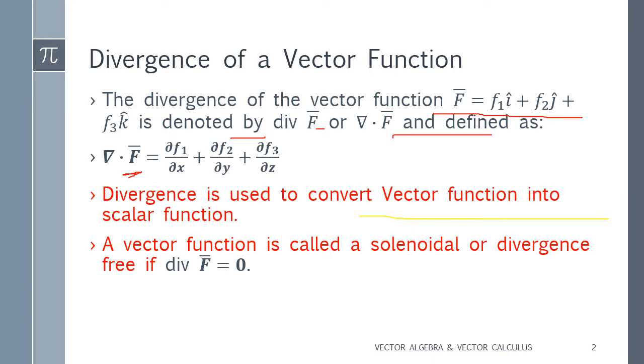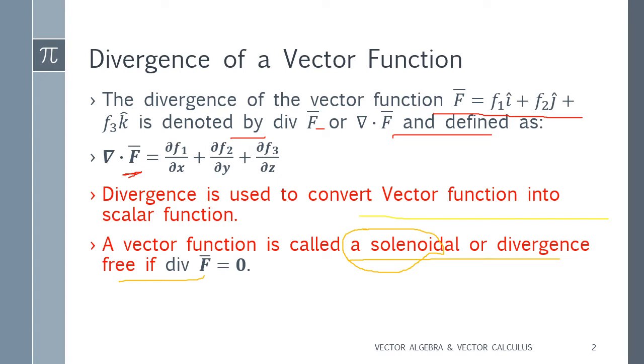A vector function is called solenoidal if divergence f equals 0. It is known as solenoidal also, and for a solenoidal function, divergence f will be 0, and it's compulsory. You can check this for any kind of example.